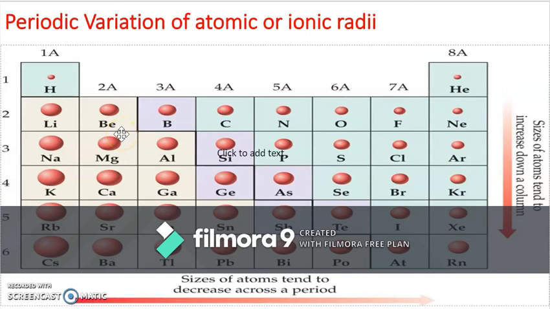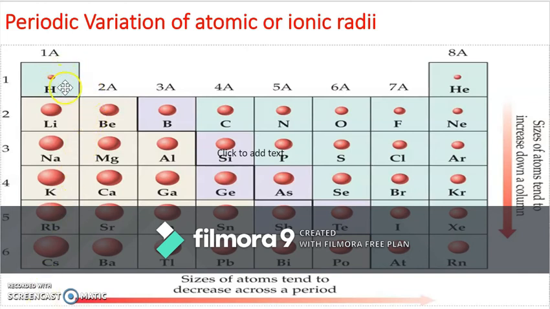When we proceed from top to bottom in a group, every time the electrons are added to a higher shell which is considerably away from the nucleus. This decreases the electrostatic attraction between the nucleus and valence shell electrons. Due to this, the electrons experience a lesser attractive force and hence atomic and ionic radii increase.